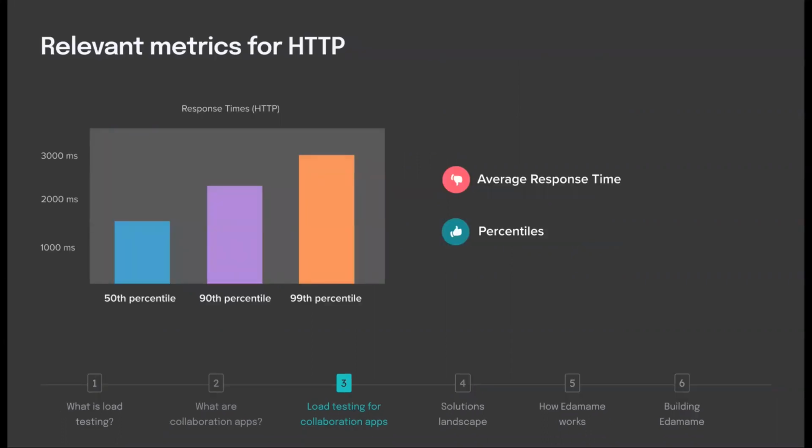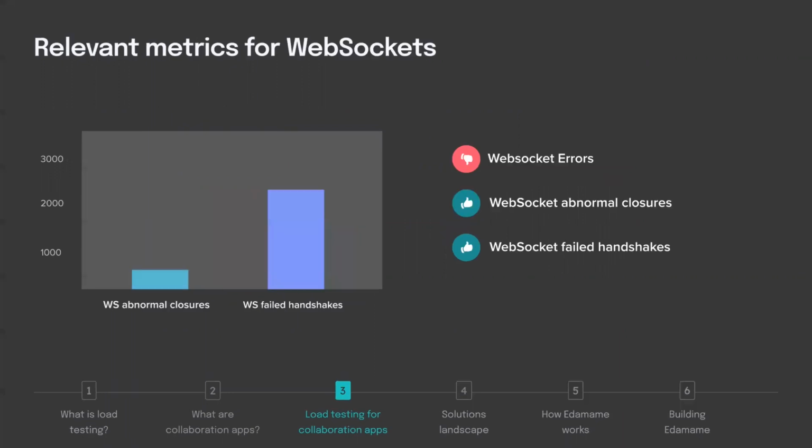Relevant and informative metrics for HTTP will focus on the request response cycle. In this case, we're looking at things like HTTP response time, which, as Rachel mentioned, we can do by looking at percentiles. Relevant and informative metrics for WebSockets are more concerned with the persistent connection.